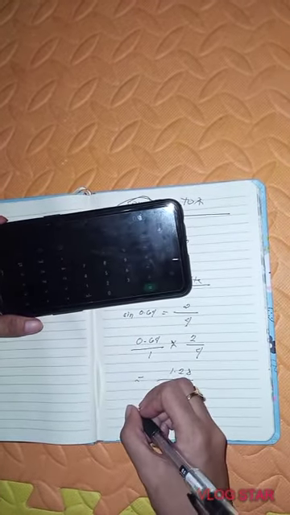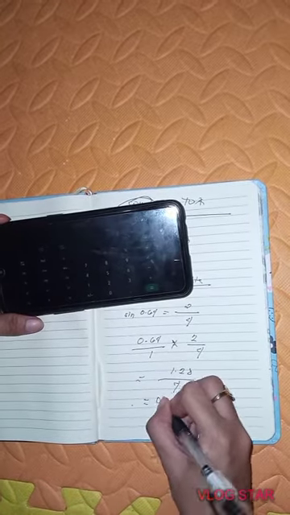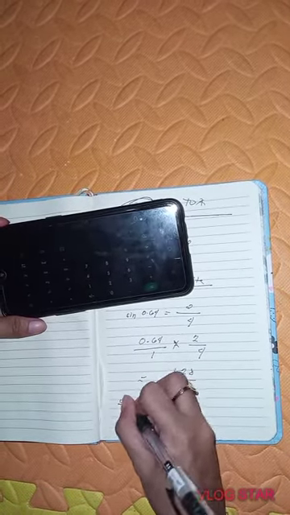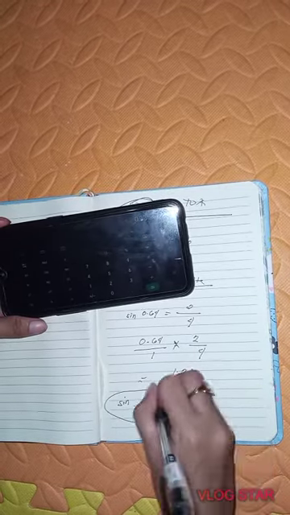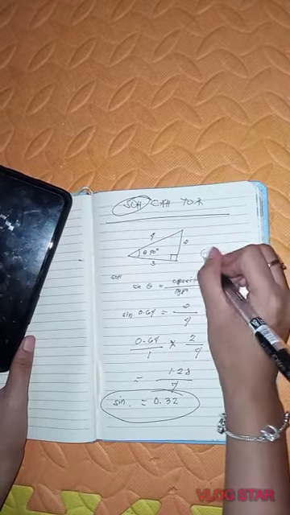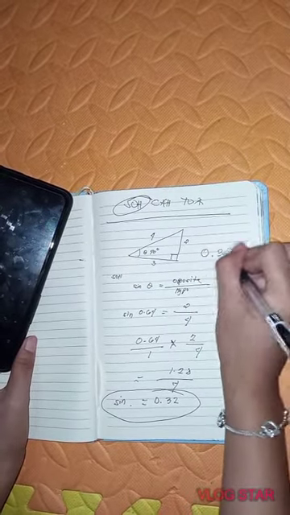So the value of sine in this equation is 0.32.